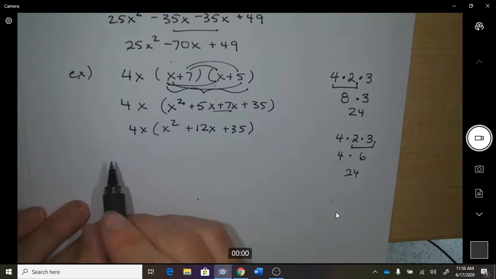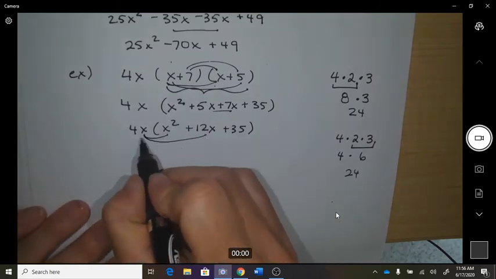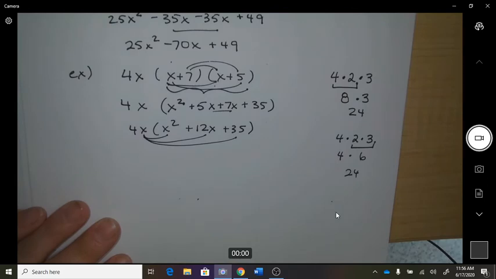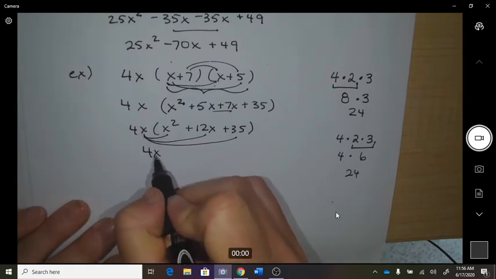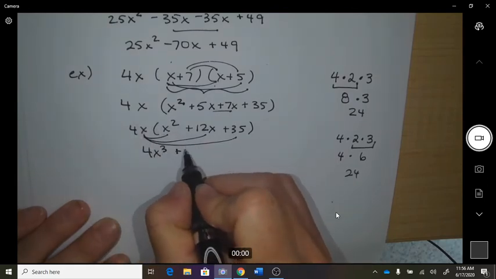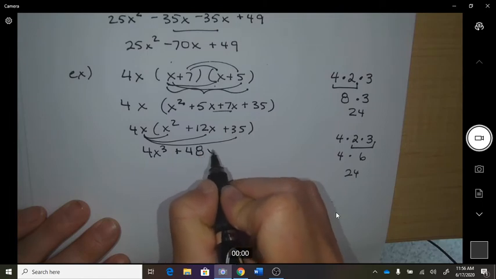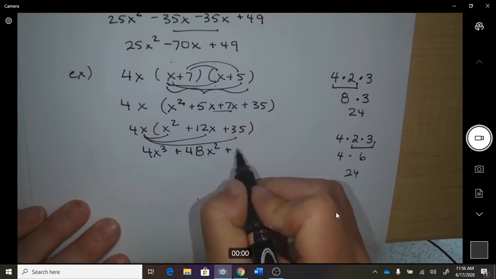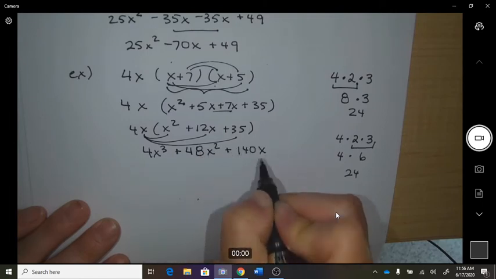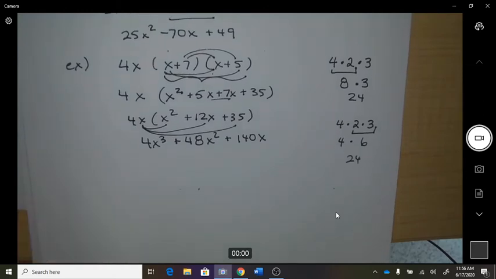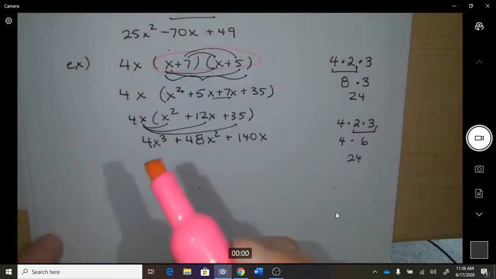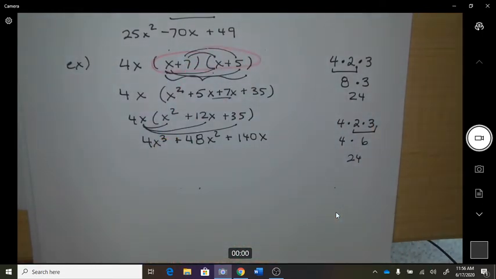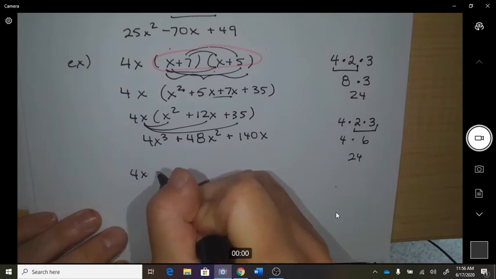Now I'm going to distribute the monomial through. So 4x cubed plus 48x squared plus 140x. On this one, it's because I picked these two first. So I will try it the other way, just to show you.